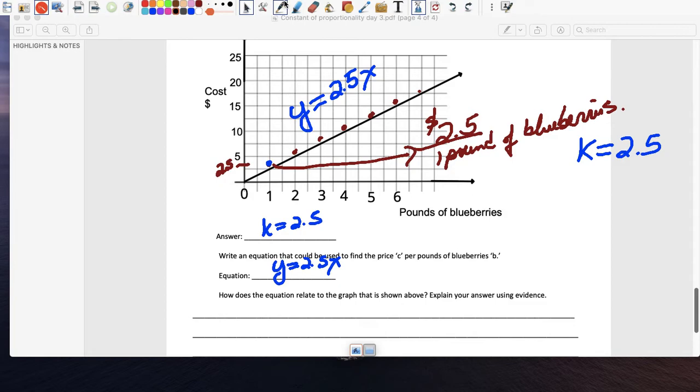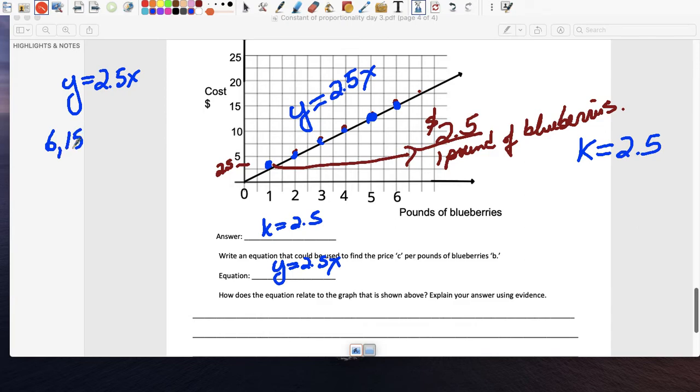So let's check if our equation is correct. Pick 2 points that are on the line. Let's pick this one right here. No, let's not pick that one. I don't want to deal with decimals, so let's pick 6 and 15. That's a point on the line.